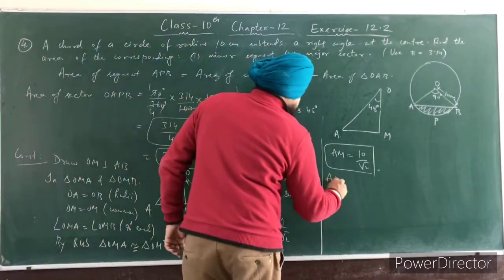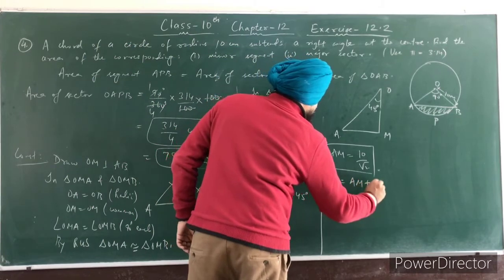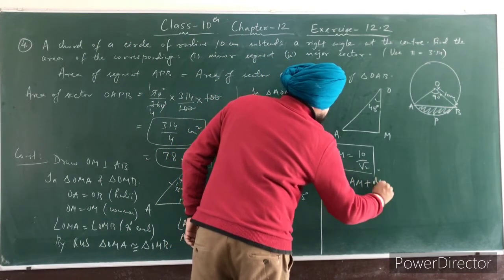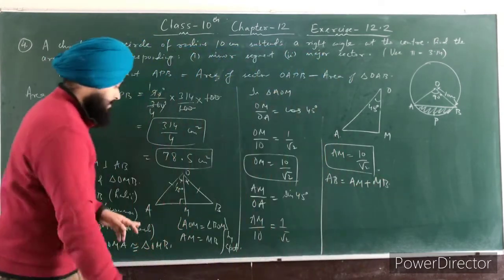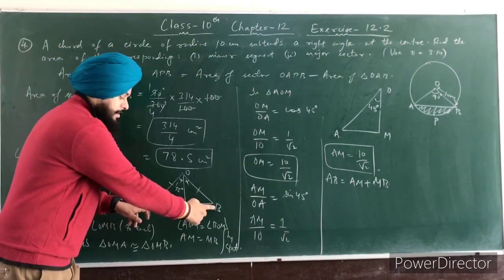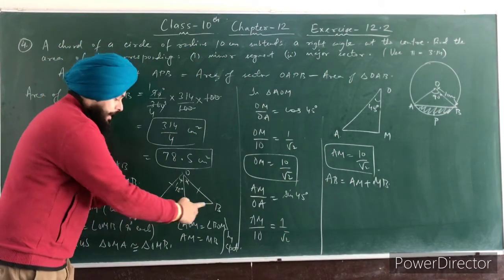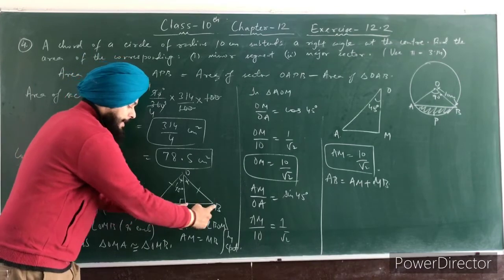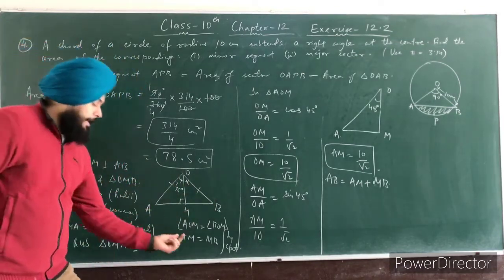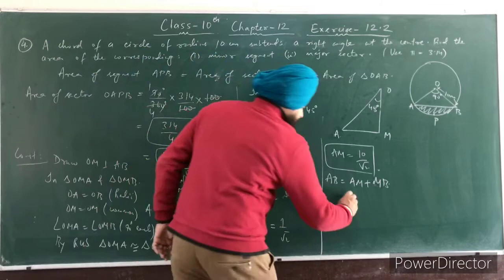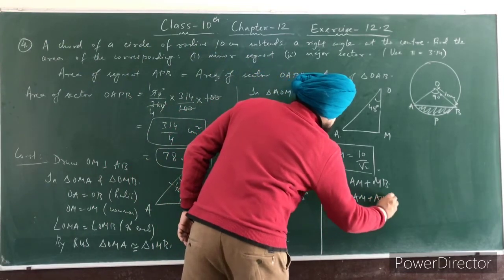Now we will write AB is equal to AM plus MB. This is the complete AB, which is the base of triangle OAB. We already proved that AM is equal to MB by CPCT, so AB is AM plus AM.